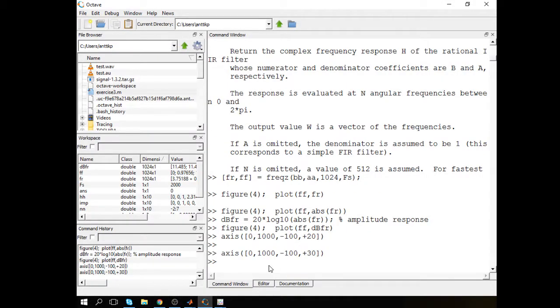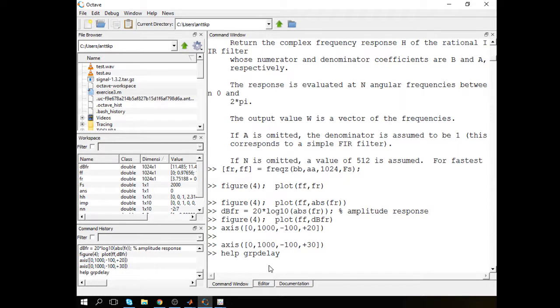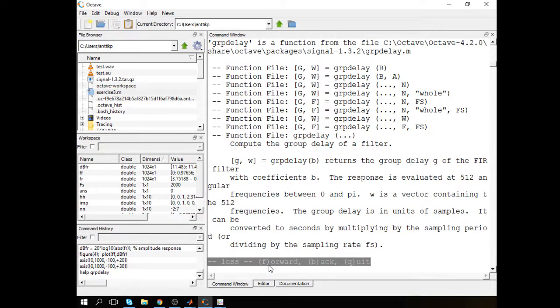On MATLAB, you probably have the same function. Check it. Help group delay. Okay, so it actually shows the group delay and the usage is the same as on frequency response. Good.